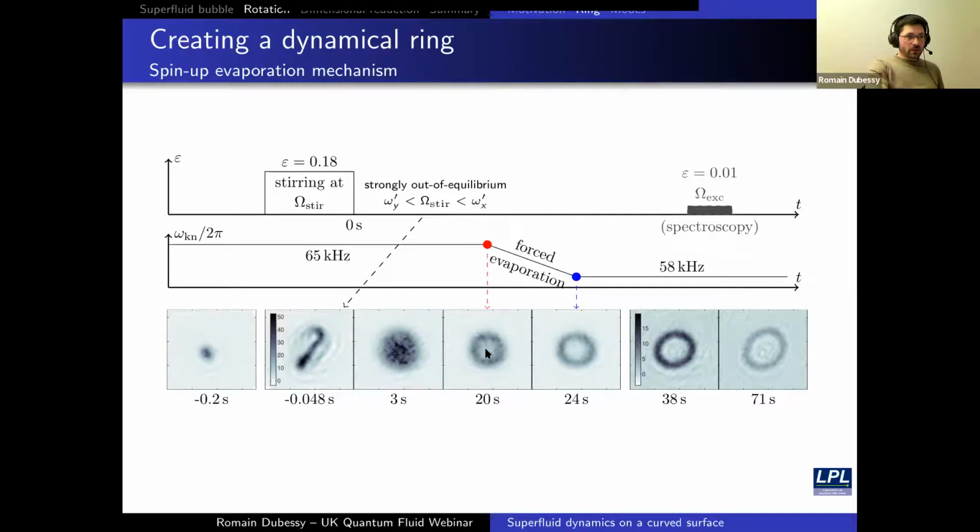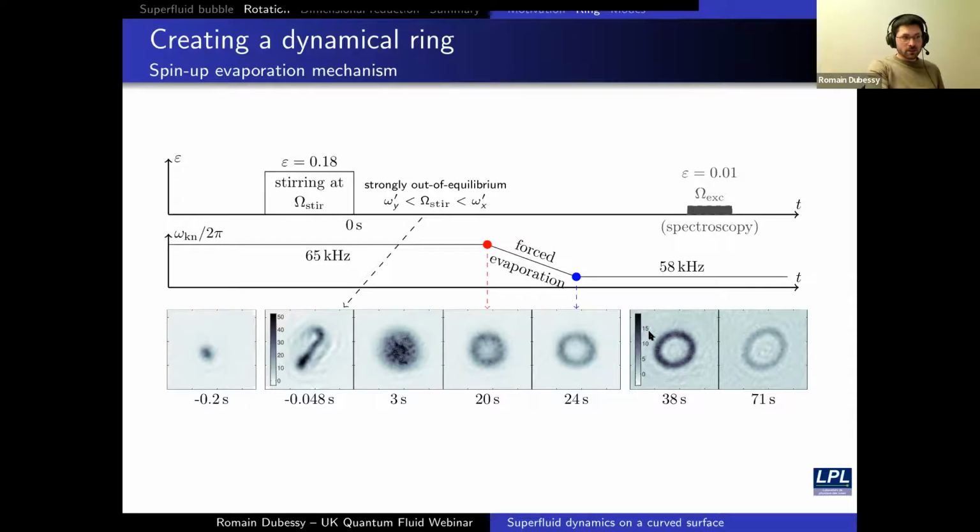And this, we can clearly see it if we lower the trap depth. So if we force the evaporation, we see that we lose atoms mostly at the center, and that the remaining atoms will have larger orbits, so higher angular momentum. So we increase the angular momentum by the evaporation. And this allows us to realize this quite dense gas.